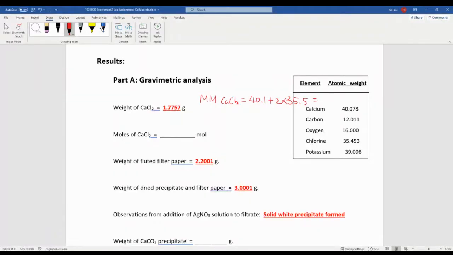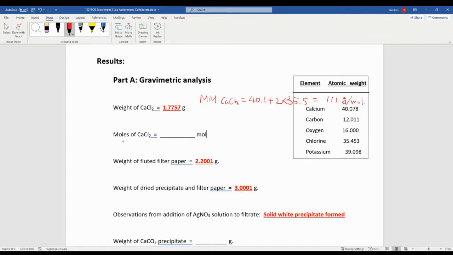When you do the calculation, you should get about 111 grams per mole, right?